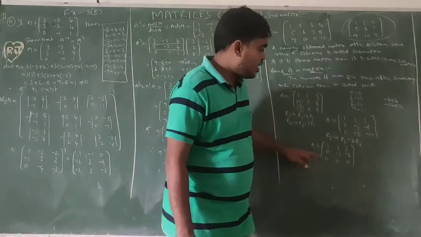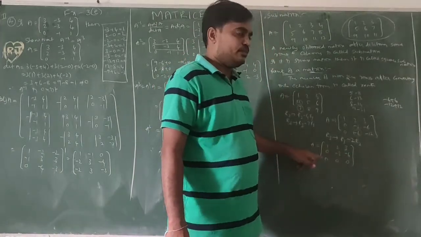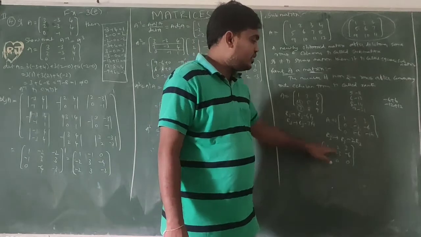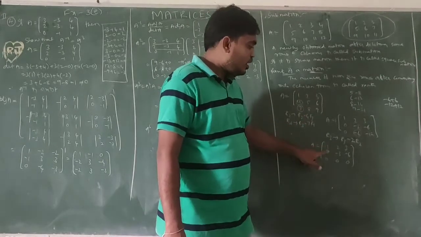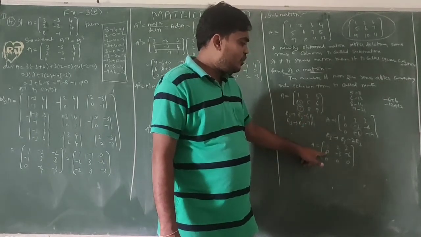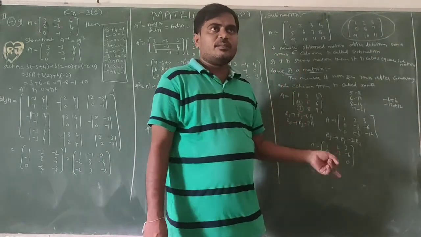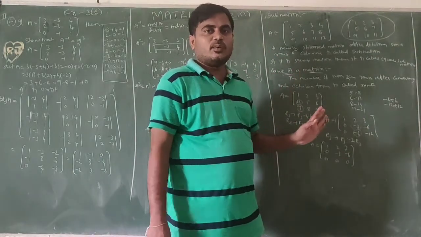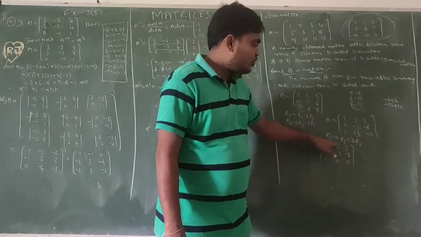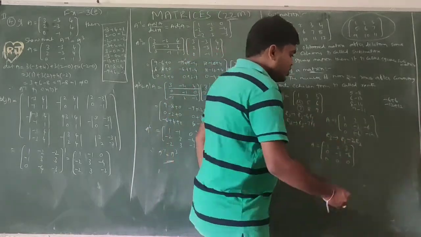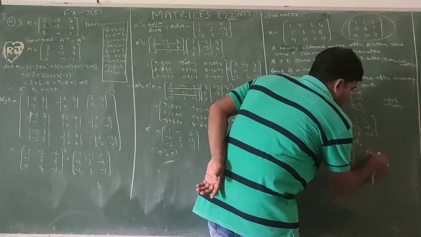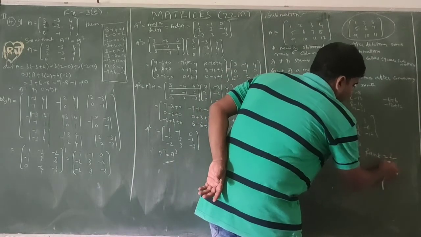Only one zero row. Last one entirely 0. This is a non-zero row. Of course it contains 0, but the remaining elements are not equal to 0. The number of non-zero rows is 2. Therefore rank equal to 2.